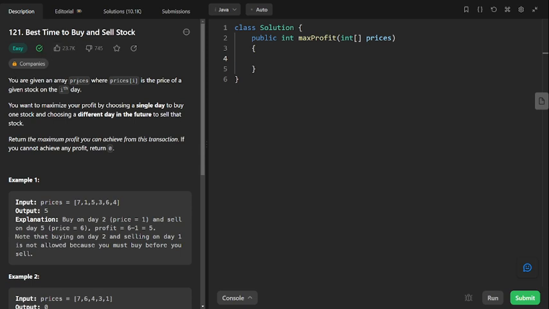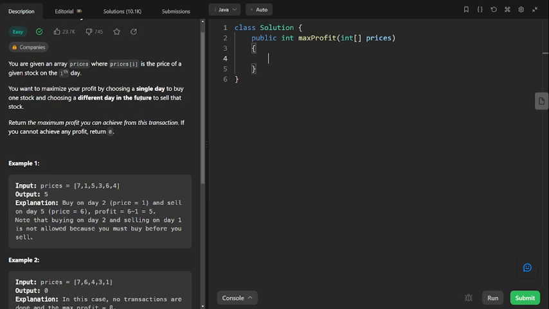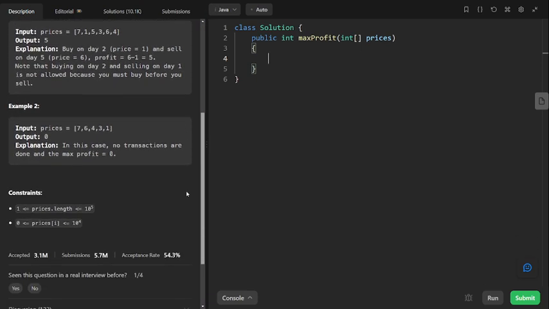So we are given an array, prices, and it has basically the price of a given stock on the ith day. We want to maximize the profit by choosing a single day to buy and another day to sell the stock, and we need to select the days in such a way that our profit is maximum, and we need to return the maximum profit.